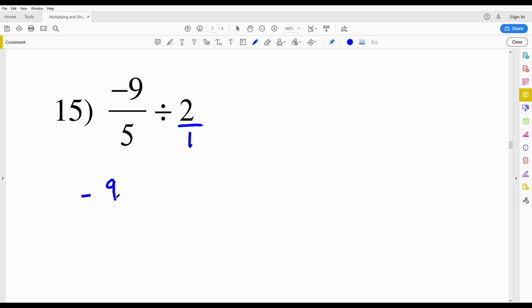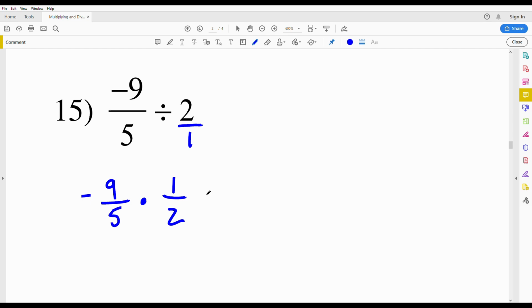So negative 9/5 will get multiplied by not 2 over 1, but flipping that fraction, 1 over 2. And think about that. Dividing a number by 2 is the same as taking half of it. So we're multiplying by half.